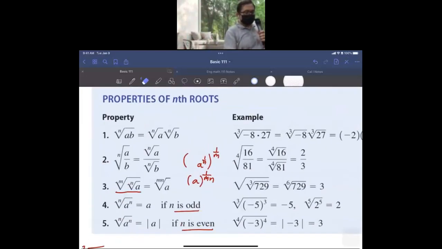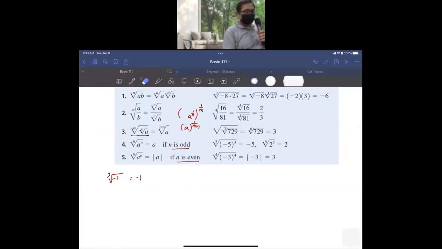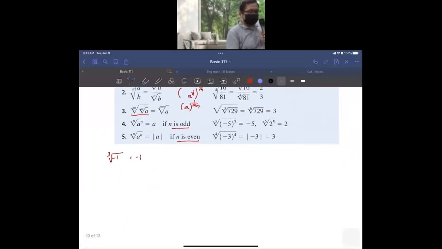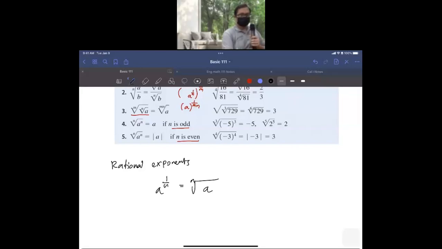Since I introduced you to the rational expressions, let me just add the terms below here. Rational exponents. So a to the 1 over n will be the nth root of a.